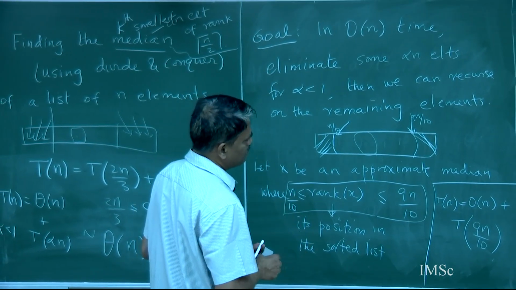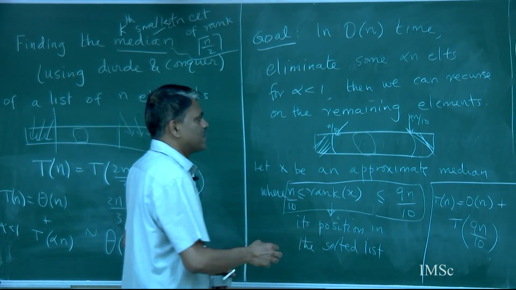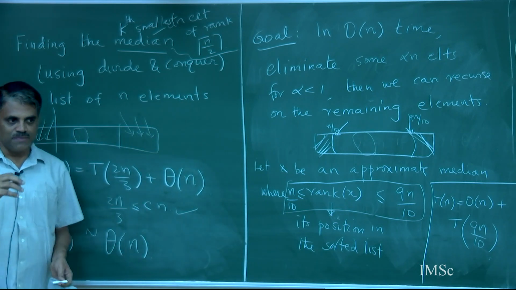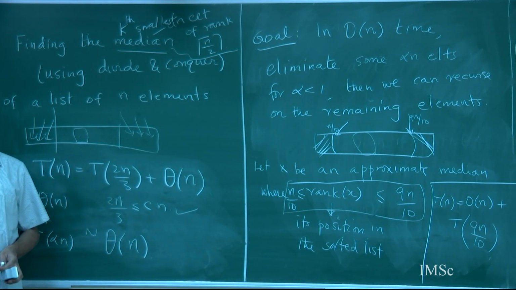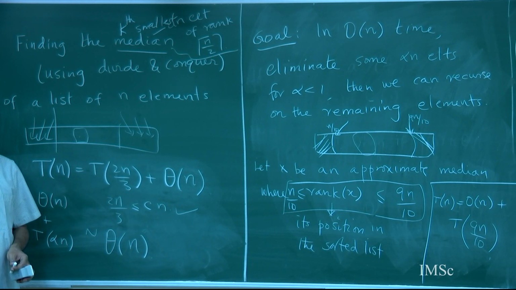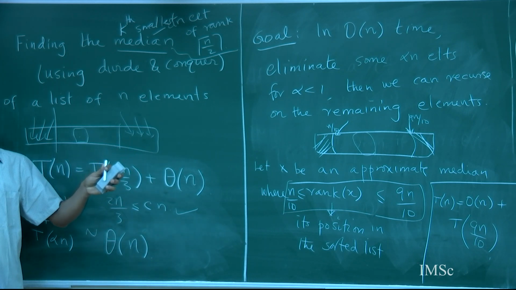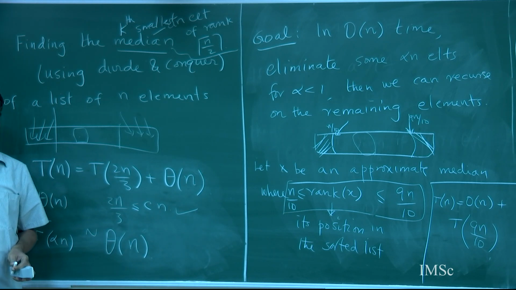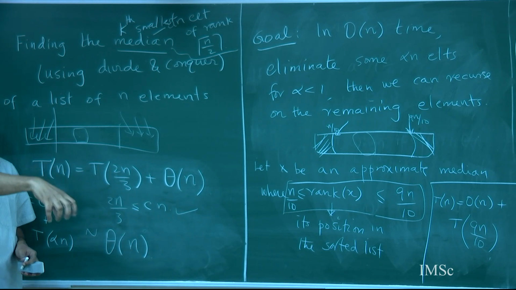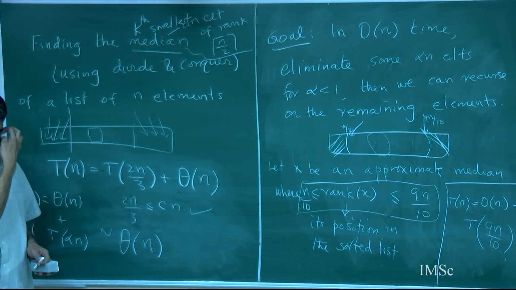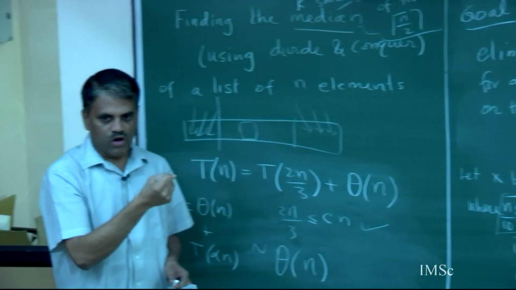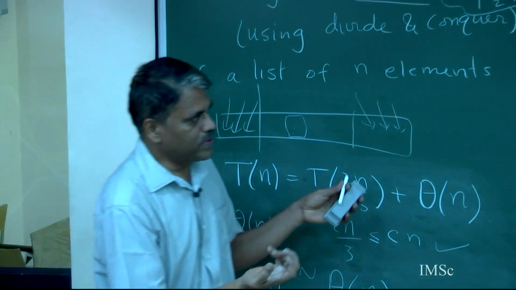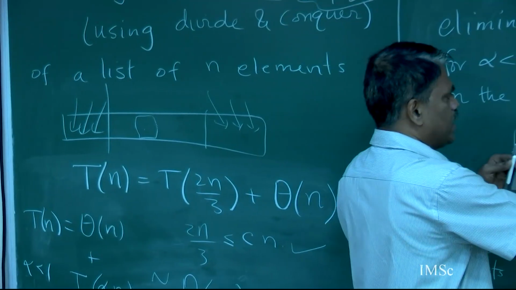Suppose I manage to find, let's play this game, suppose I pick a random X. I have these n elements. I toss a random coin between 1 and n, and whatever number it comes, I go to that location and pick that. Some random element. Now, what is the probability that it will be in this range?